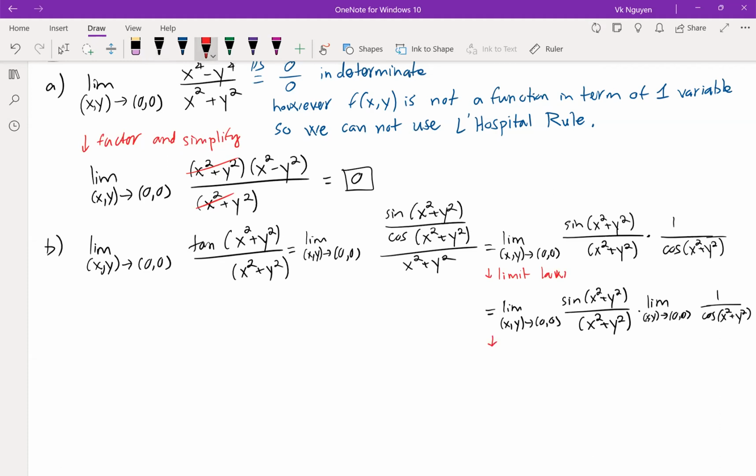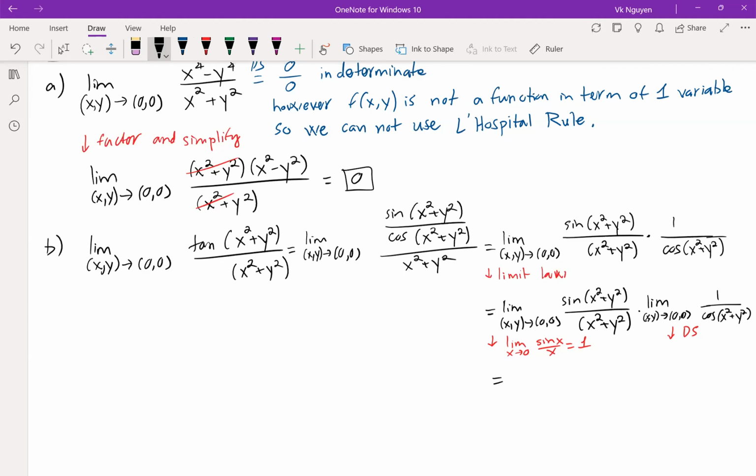So hopefully you remember, right? You can use this one: the limit as x goes to 0 of sine x over x, that is 1. You can remember this from calculus 1. And then for the other one, I'm just going to do a direct substitution because cosine of 0 is equal to 1, so the denominator is well defined.